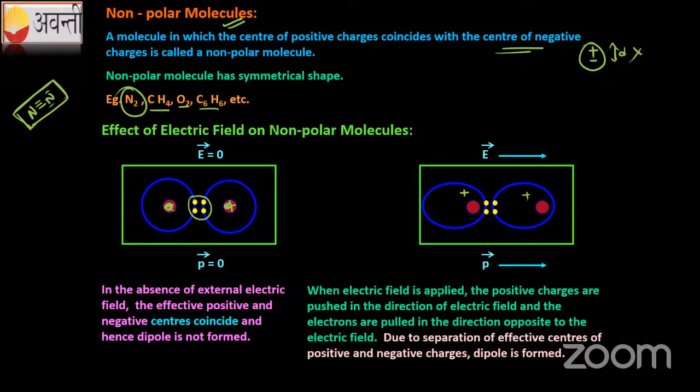When electric field is applied, the positive charges are pushed in the direction of electric field, as I told you, and then electrons are pulled in the direction opposite to the electric field. Due to this separation of effective centers of positive and negative charge, dipole is formed. Here we will get a dipole moment.